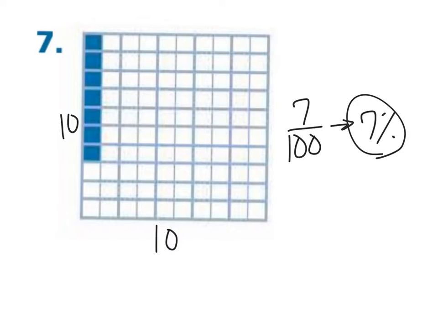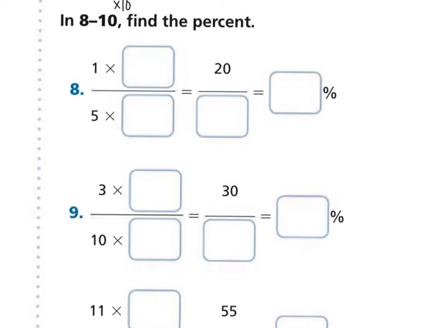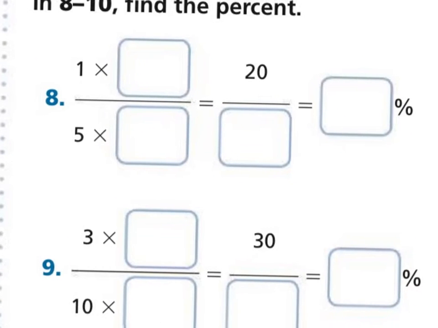8 through 10, we're doing some similar stuff. On these, they've given us the fraction already, and we're just trying to figure out what percent that is. On number 8, 1/5, to get from 5 to 100, we would need to multiply by 20.